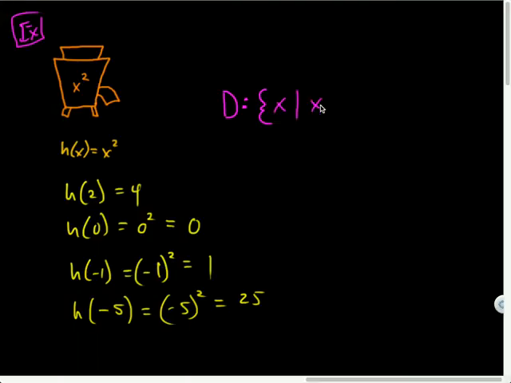So the set of all x such that x is anything. How about the range? No, it can't be negative. Yeah, this machine will never give us a negative number. So how would I describe that? What's the restriction you'd say?